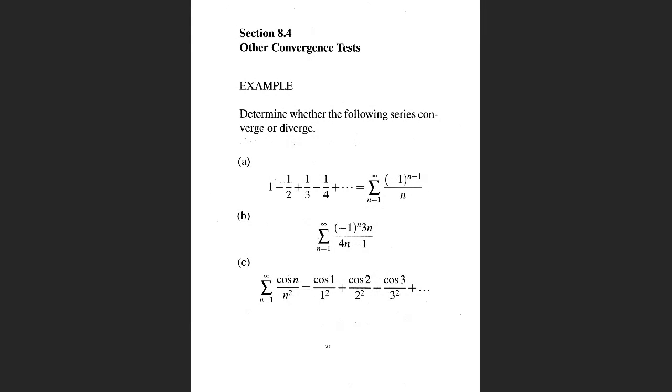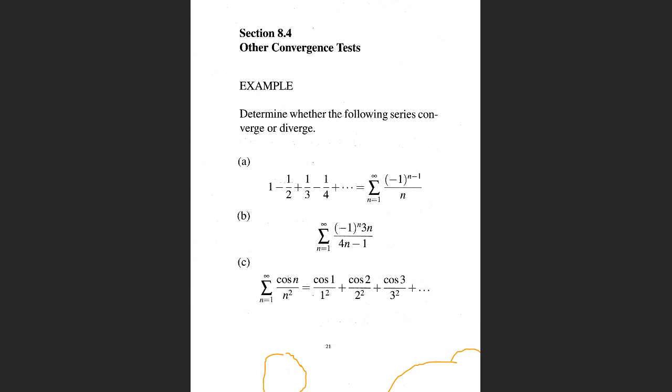All right, let's go to B here, and maybe we'll have to stop at B, but let's at least try to get B in. Series B is the sum where n goes from 1 to infinity of (-1) to the nth power times 3 to the n over 4n minus 1.